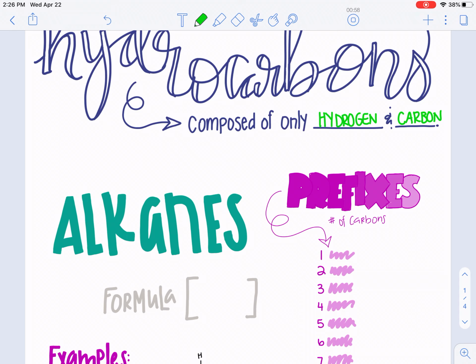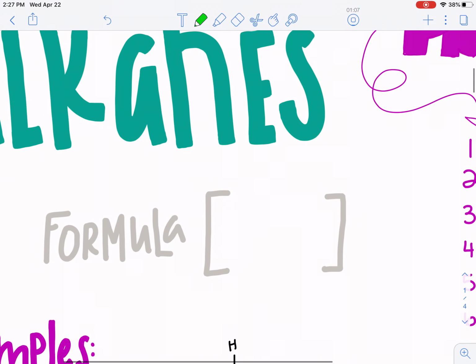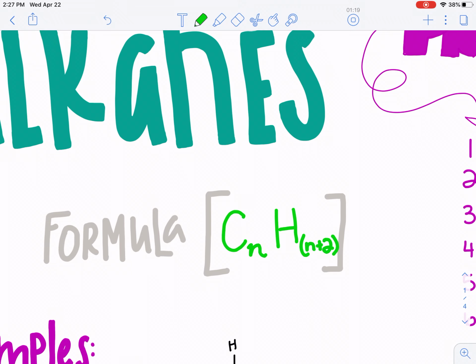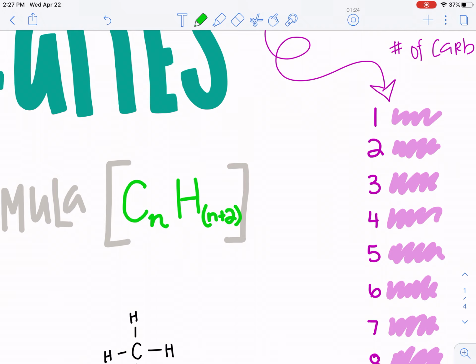So we start with the alkanes. The alkanes are a family of hydrocarbons that go by this formula: CnH2n plus 2, which means if we have C4, we can calculate how many hydrogens we would need.